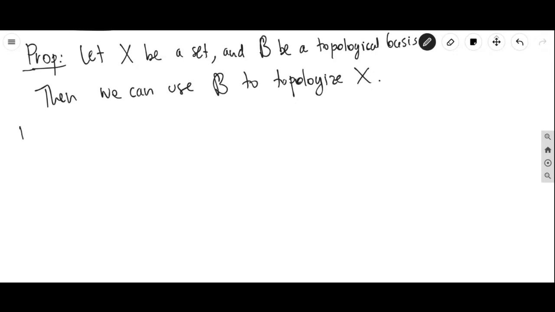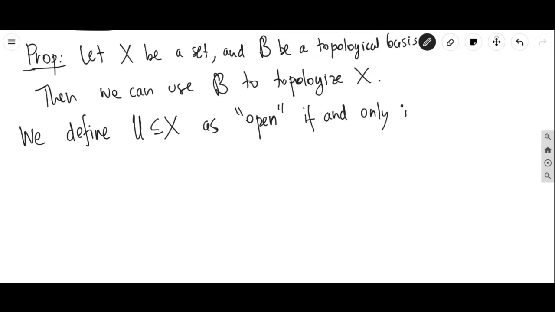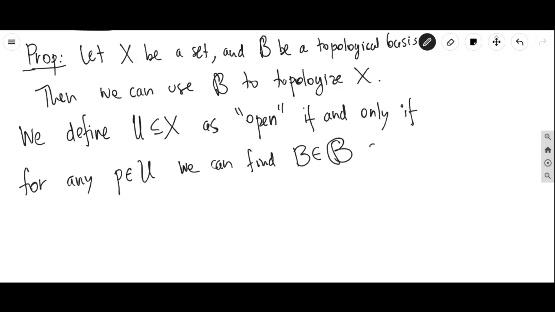We define a subset U of X as open if and only if for any point in U we can find something in the basis, let's call it B, B in script B, so that the point belongs to B and B is a subset of U.